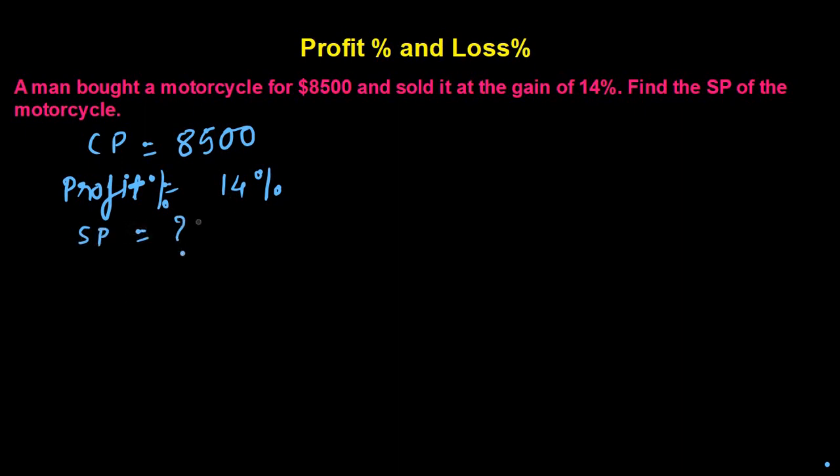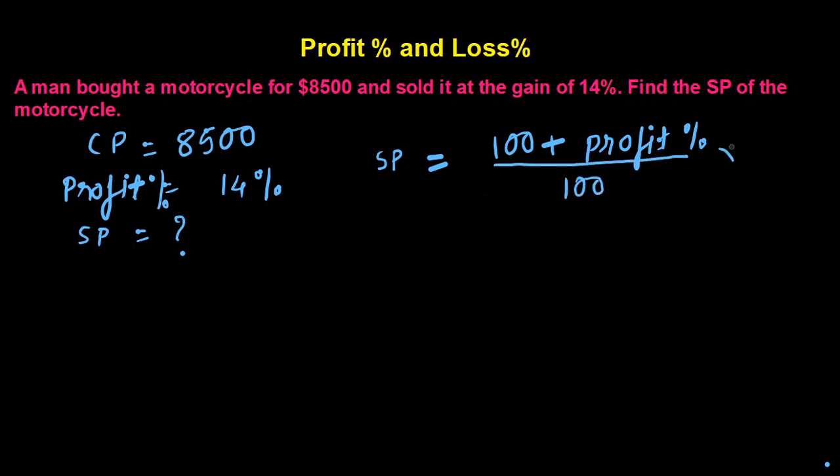Okay, remember what was the formula for selling price? So selling price is equal to 100 plus profit percentage upon 100 times CP. Right? We need to find the SP.